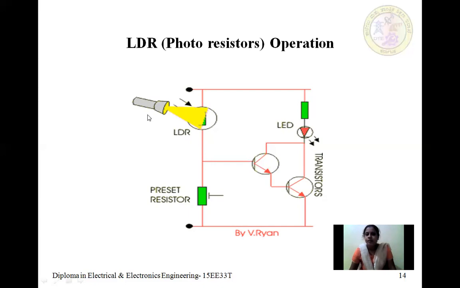When the light falls on this LDR, LDR gets energized and this gives the signal voltage to the transistor so that the transistor is on. When this transistor is on, it gives the signal to this LED. Now the LED is on. Whenever the light falls on the LDR, the LED is on.